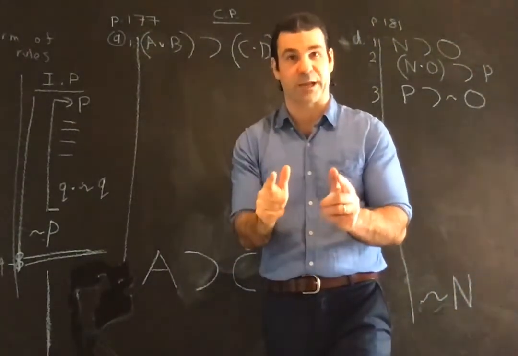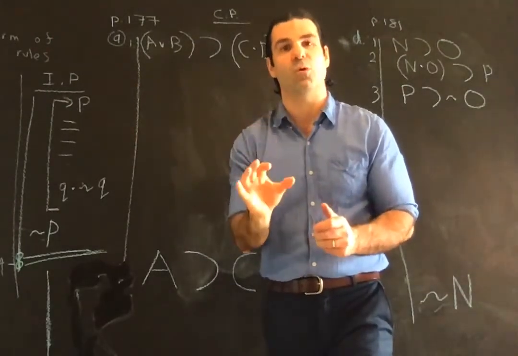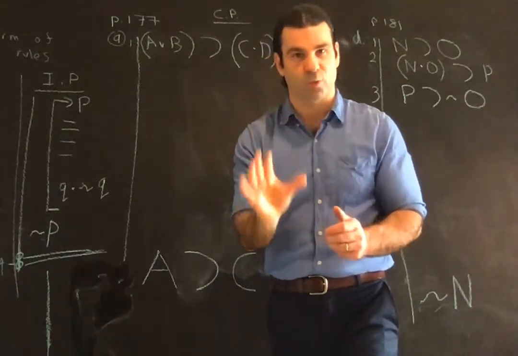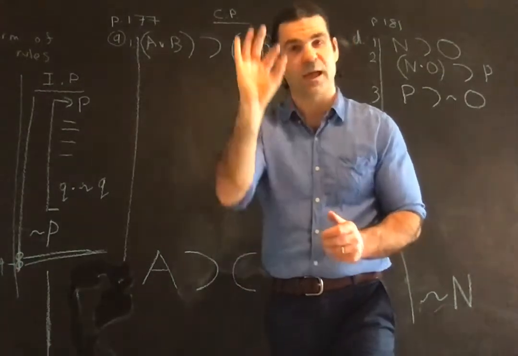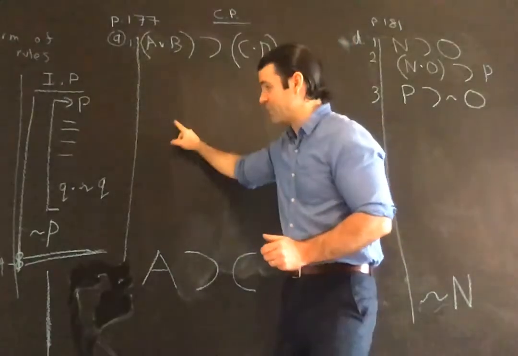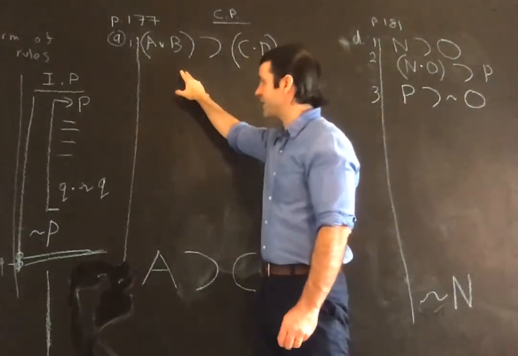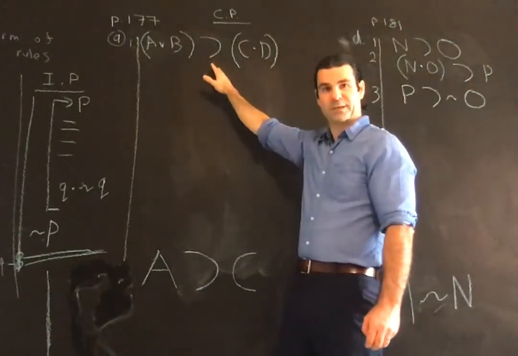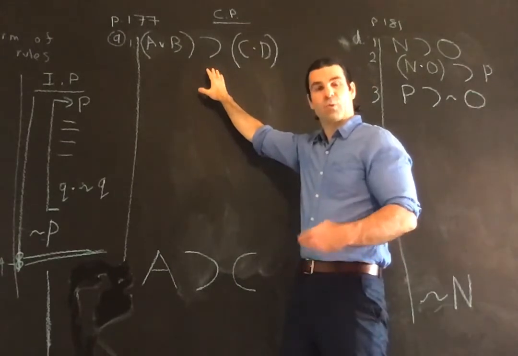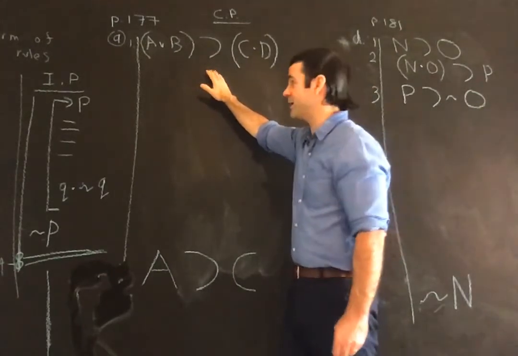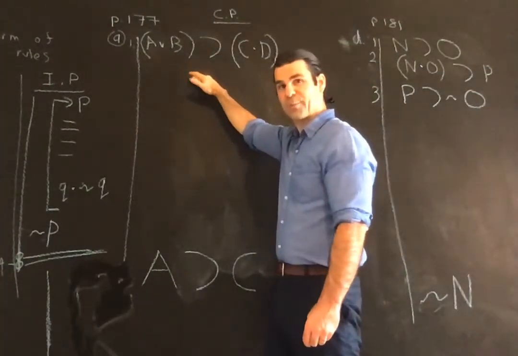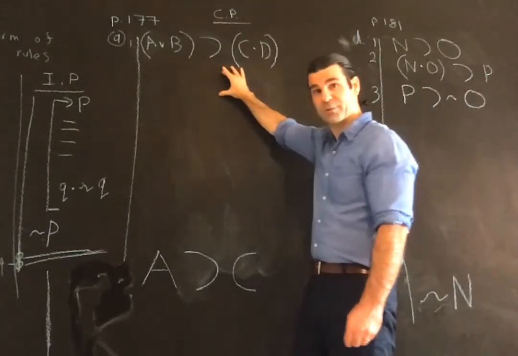Correct application of conditional proof is all about getting right what it is you assume and knowing what it is you're aiming for. When you use conditional proof, you'll be setting up a subproof, making an assumption, and the first things that appear on your page are always the assumption at the very top.